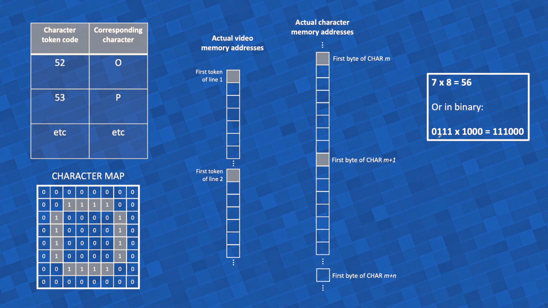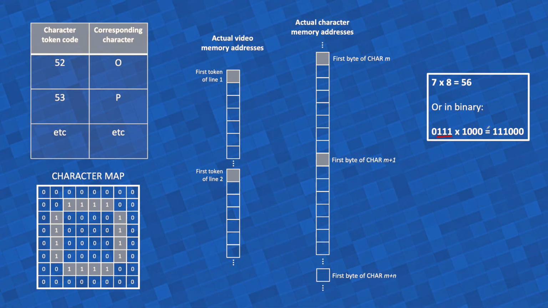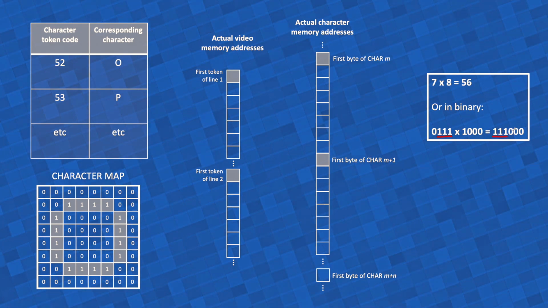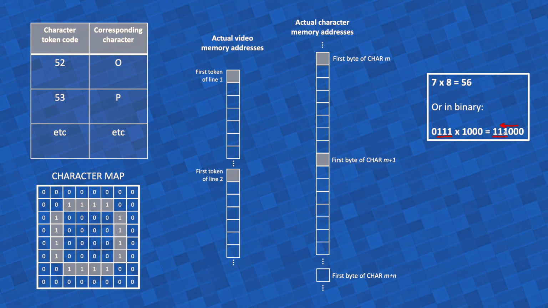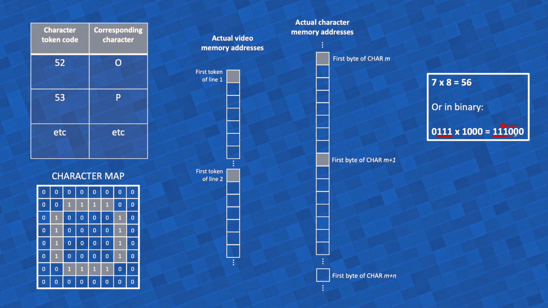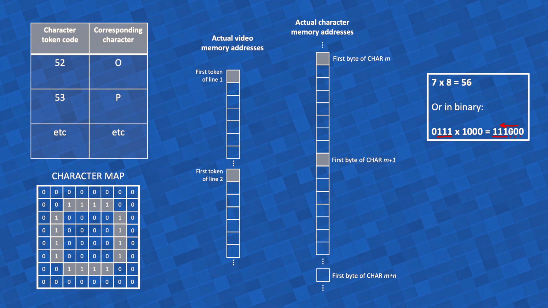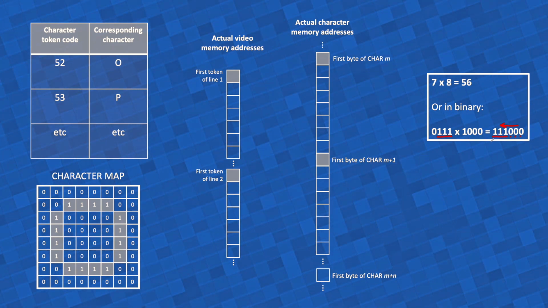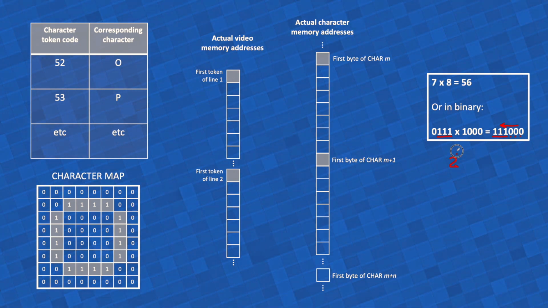Now look at the binary. 7 is 3 ones. If you multiply that by 8, what happens is the 3 ones in the original 7 are shifted to the left by 3 positions, these 3 positions here, and the space opened up is filled with zeros. You can generalize that for all multiplications by a power of 2.